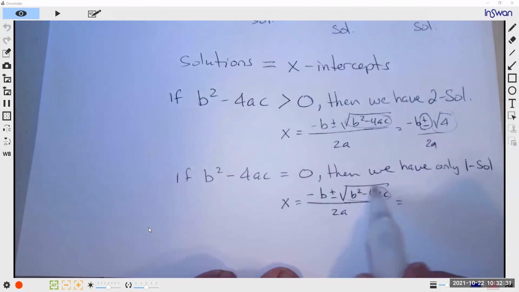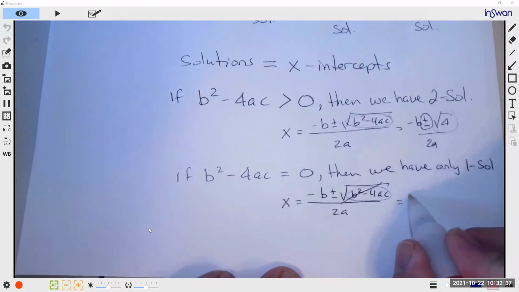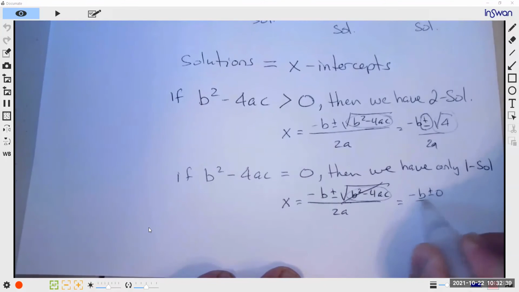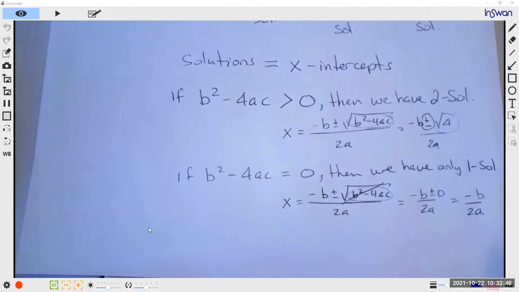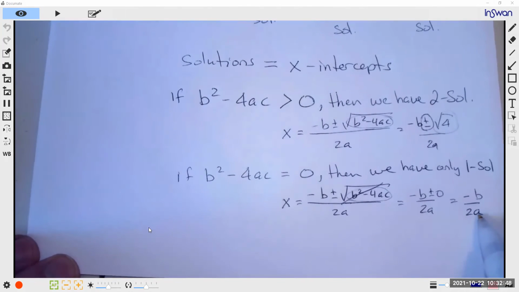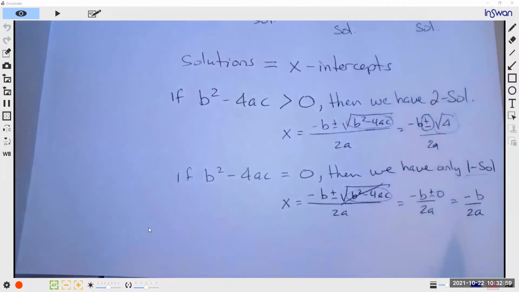So if b squared minus 4ac equals 0, the whole thing is 0. So it's negative b plus or minus 0. We only have one x-intercept. So we have one solution. So x is equal to negative b over 2a. We only have one solution.